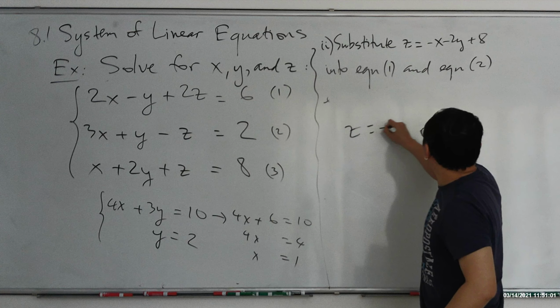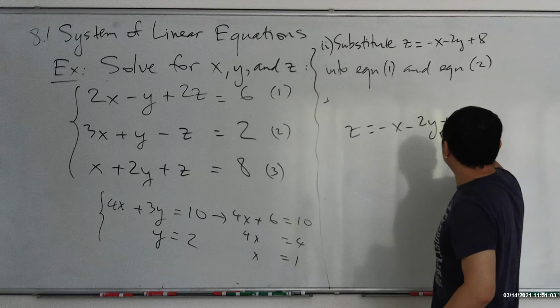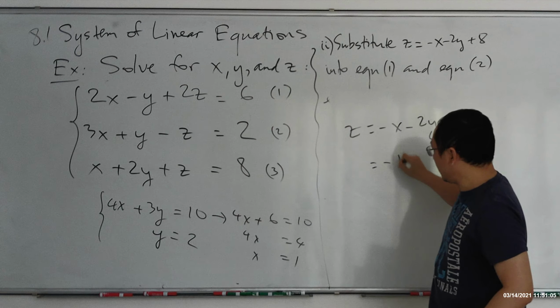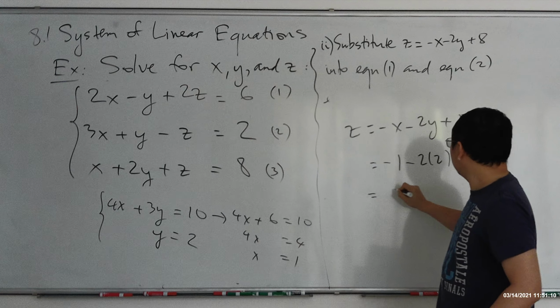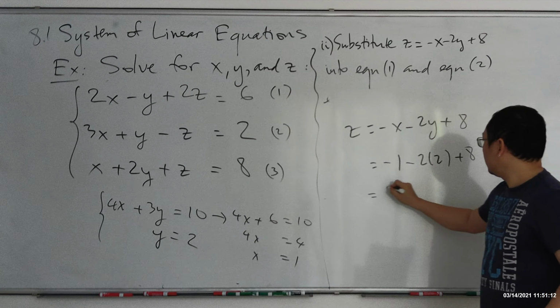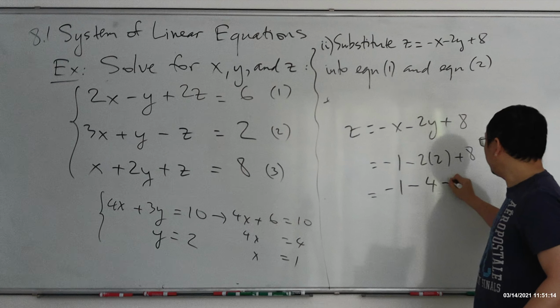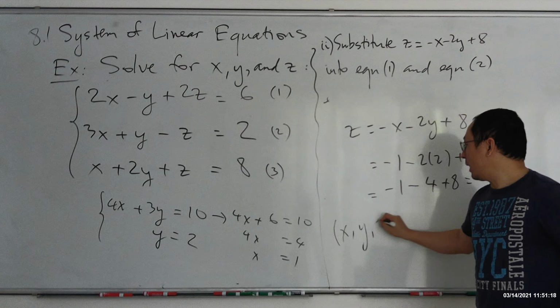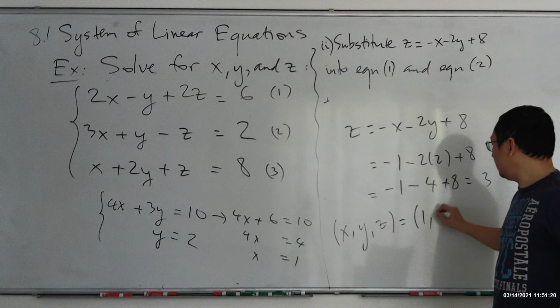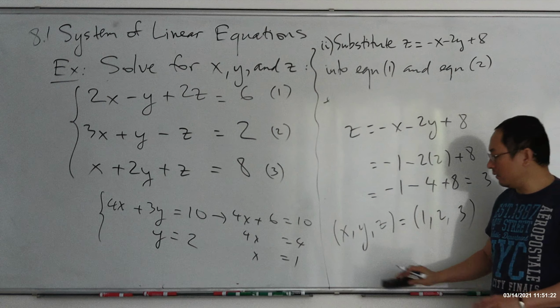Z is equal to negative x minus 2y plus 8, which is negative 1 minus 2 times 2 plus 8. So negative 1, negative 4 plus 8, so equal to 3. Okay, so x, y, and z is equal to 1, 2, and 3. You have the solution.